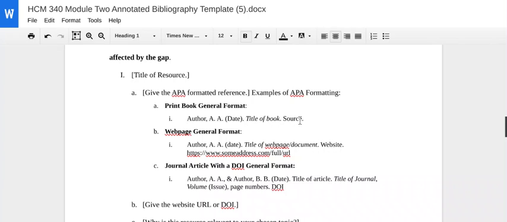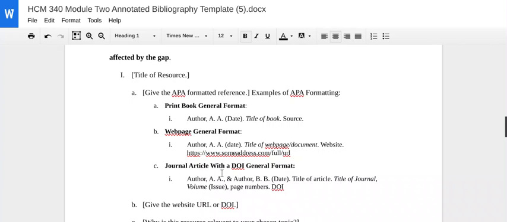A source might be what city or what publisher. If you're doing a web page, you're going to do the same thing with a title and a date. You'll put the name of the web page or the document in italics.